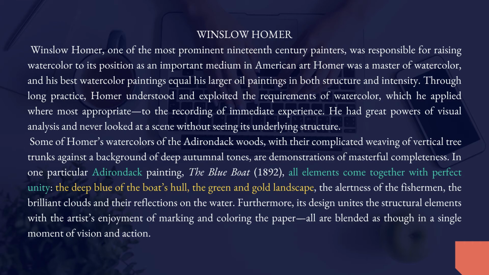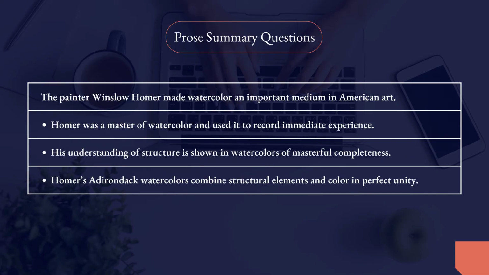It's not directly using the word color, but it's giving me color names, blue, green. And the next sentence says, furthermore, its design unites the structural elements with the artist's enjoyment of marking and coloring the paper. Oh, perfect. There we have it. So F is correct. Now, we found our three main ideas, A, C, F.